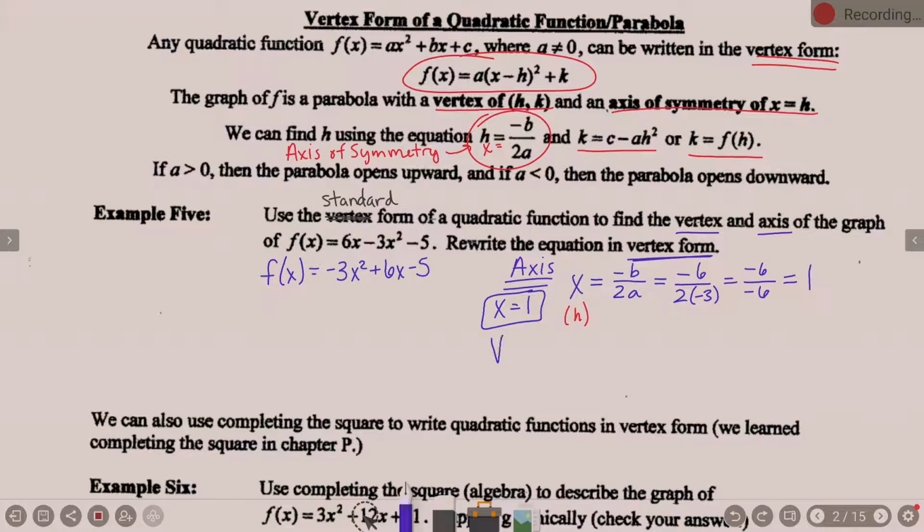Then the next question is vertex. What do you already know about your vertex?